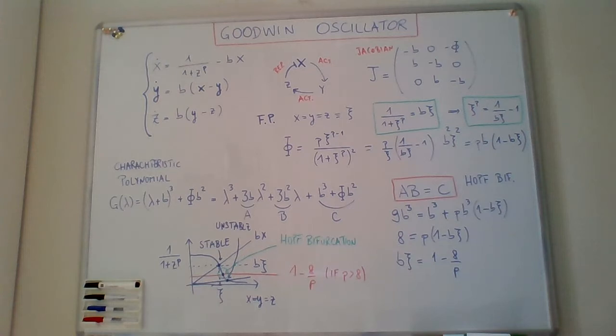Now my Hopf bifurcation takes place when this value b times xi is precisely equal to 1 minus 8 divided by p. So I can draw another horizontal line, which I draw here in red, and this is the line 1 minus 8 over p.